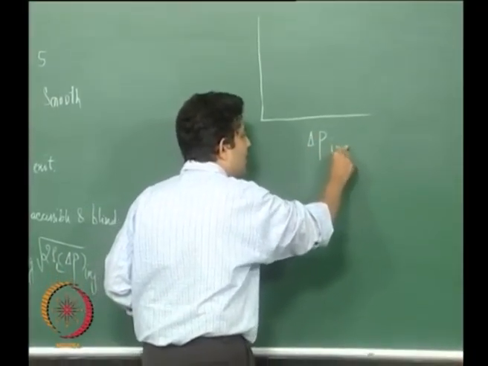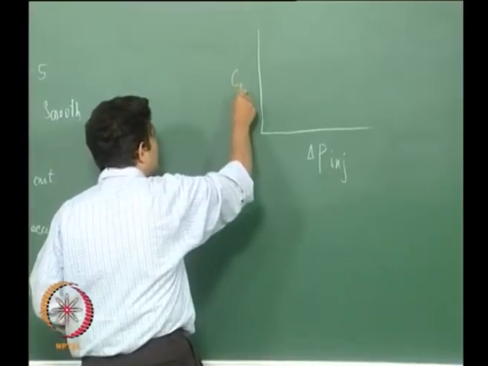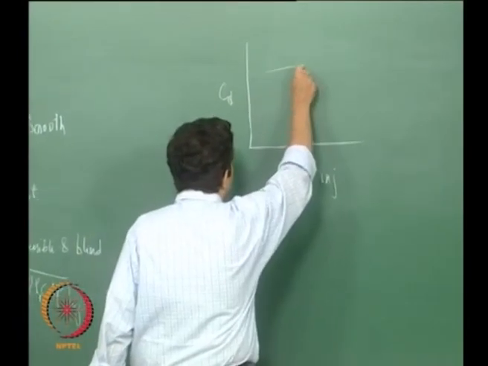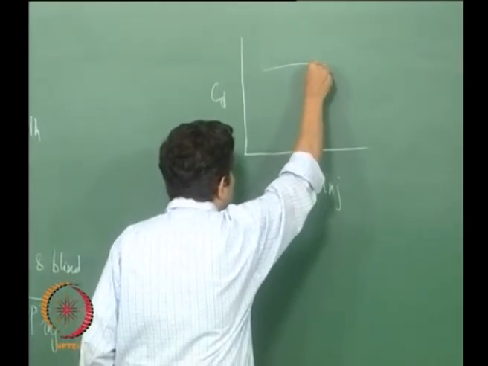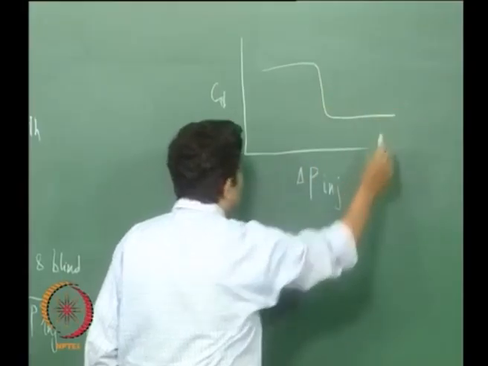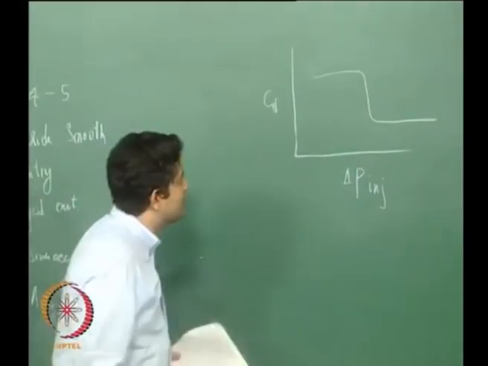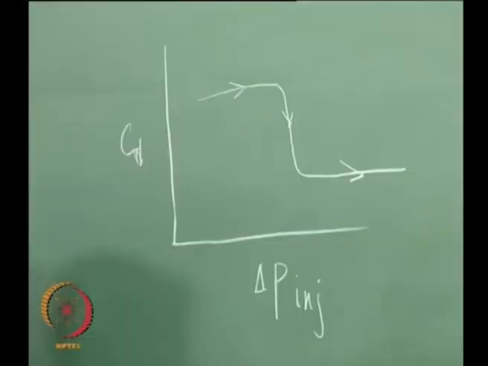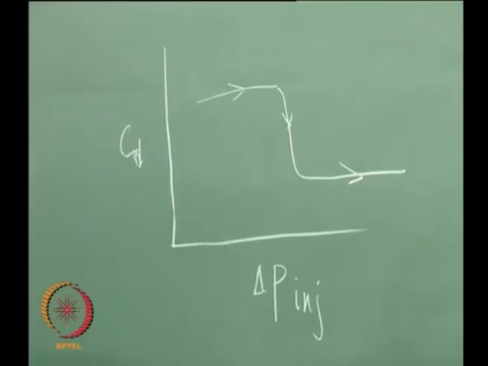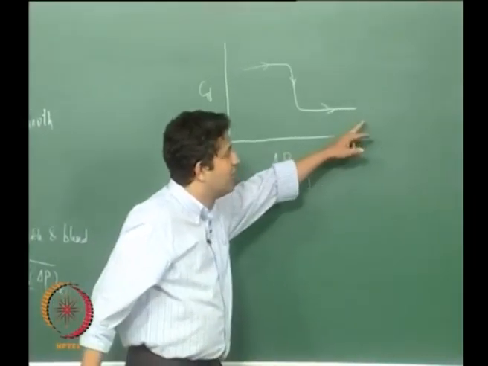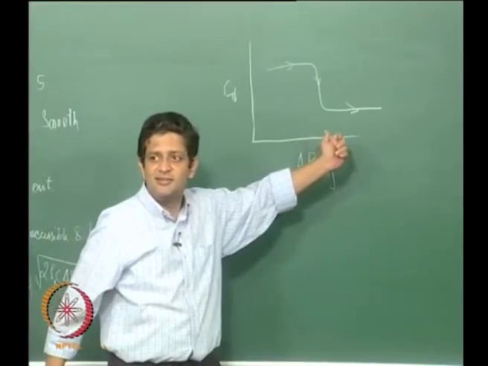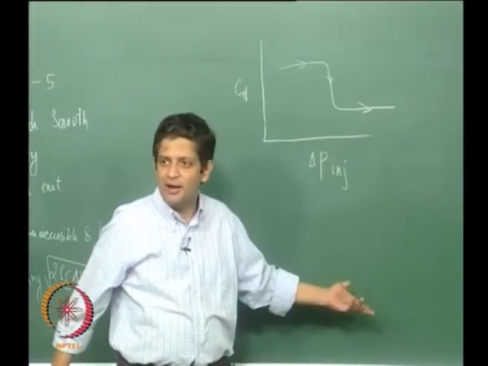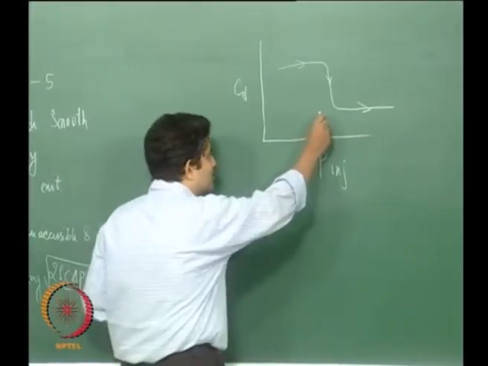If we plot the delta P across the injector against CD, the coefficient of discharge remains constant over some region and then drops, and then goes like this. But there is no guarantee that if you are reducing the delta P across the injector, it will follow the same path. It could follow a different path, something like this.